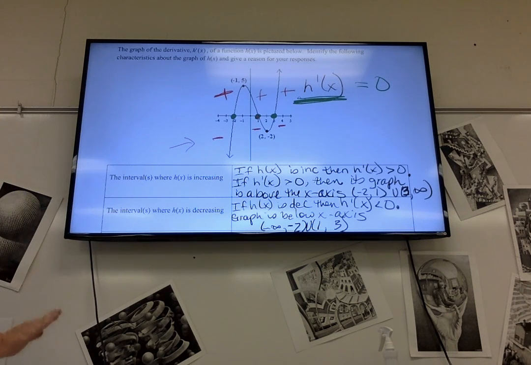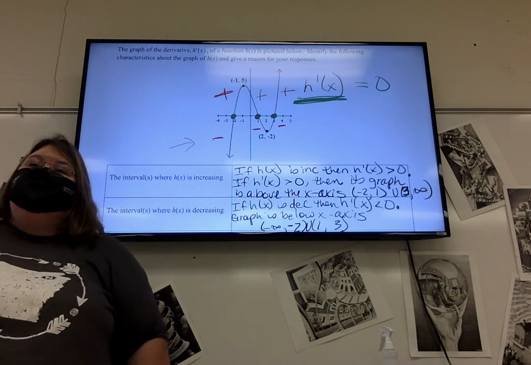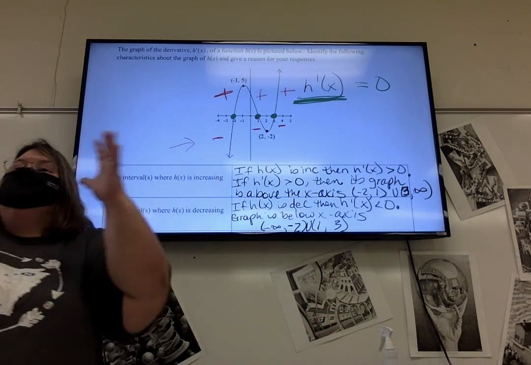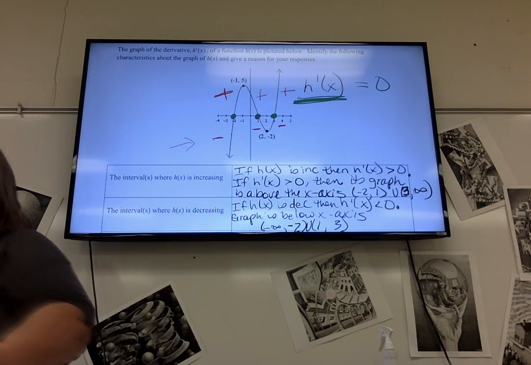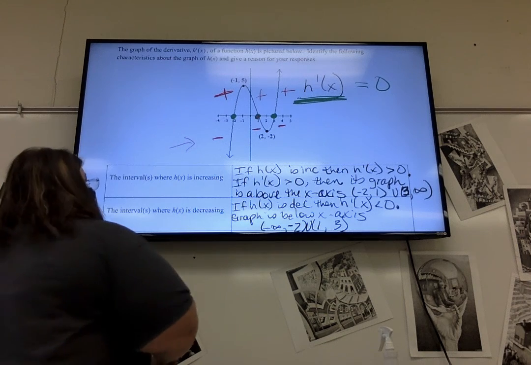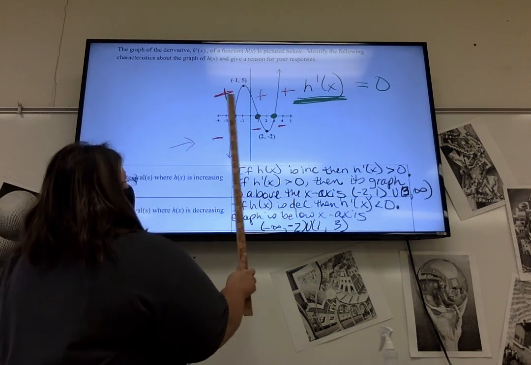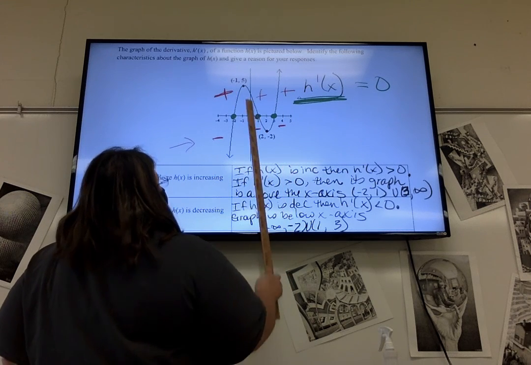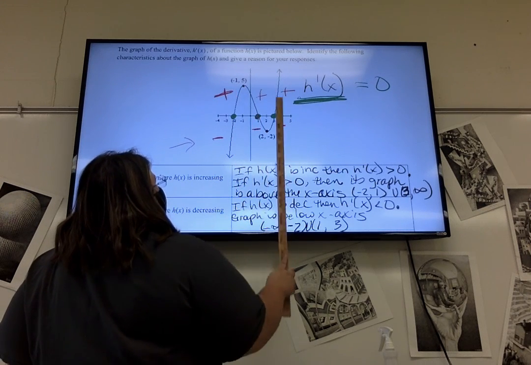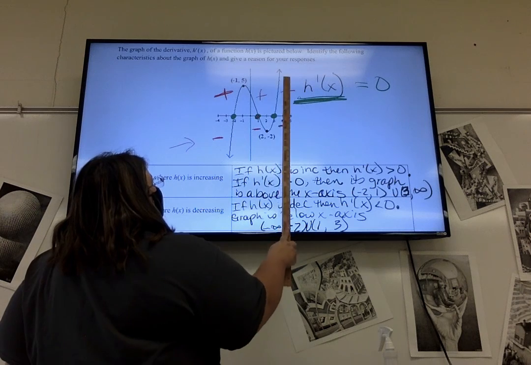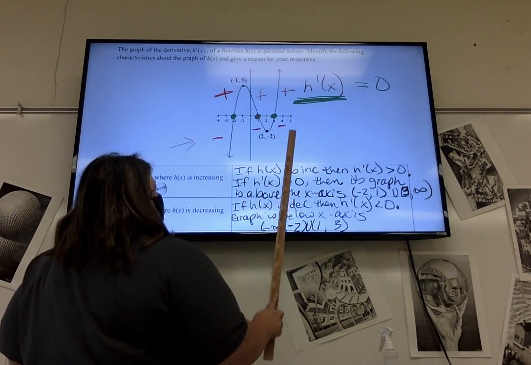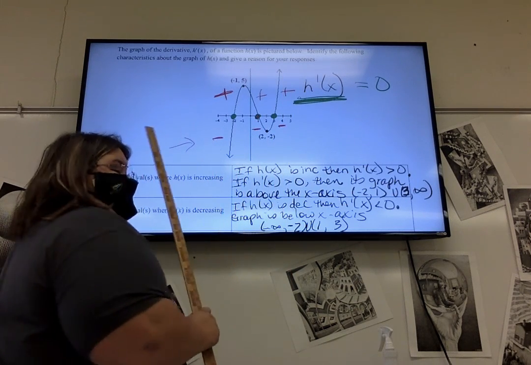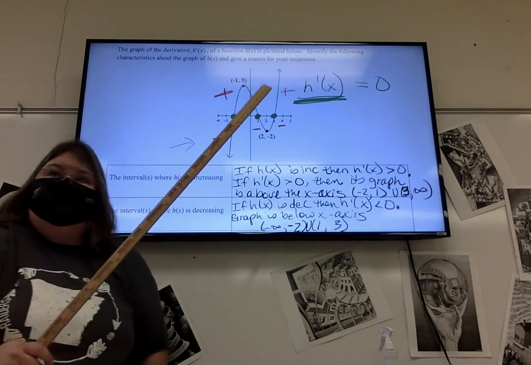All that matters is h prime of x going from positive to negative. See, positive means that it's above the x-axis. Whether it's decreasing or increasing, all of these numbers up here are positive. And then all of these numbers down here are negative. Doesn't matter if it's increasing or decreasing.